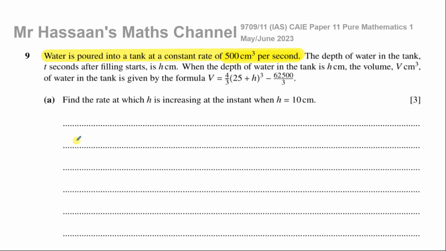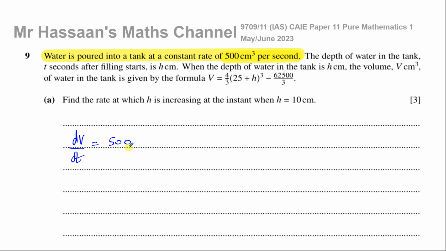So they gave us a rate of change, which we can call dV/dt, the rate of change of volume with respect to time. They told us that it's going into the tank, which means it's increasing the volume, so it's positive 500. The volume of the water in the tank is increasing by 500 centimeters cubed per second.